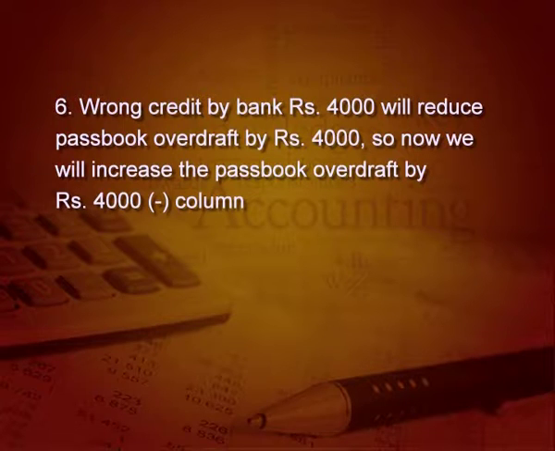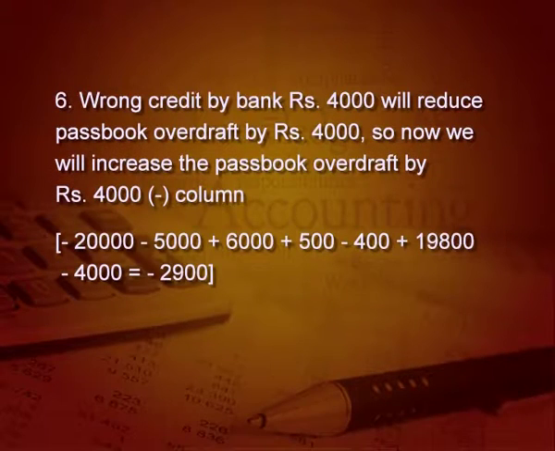Now, this will reduce the passbook overdraft by 4,000. So, now we will increase the passbook overdraft and go to the minus column and write 4,000 there. So, what is the final answer now? It will be like this: minus 20,000, you started with it, minus 5,000 plus 6,000 plus 500 minus 400 and plus 19,800, and the last one minus 4,000.